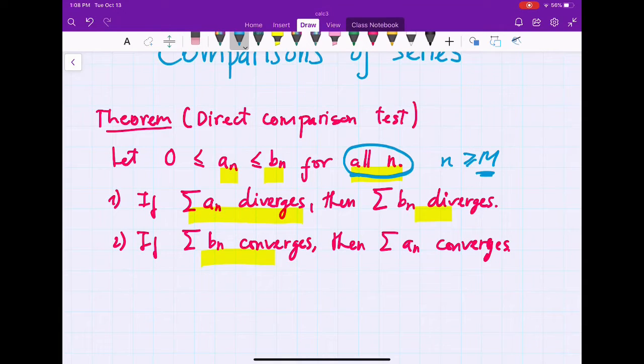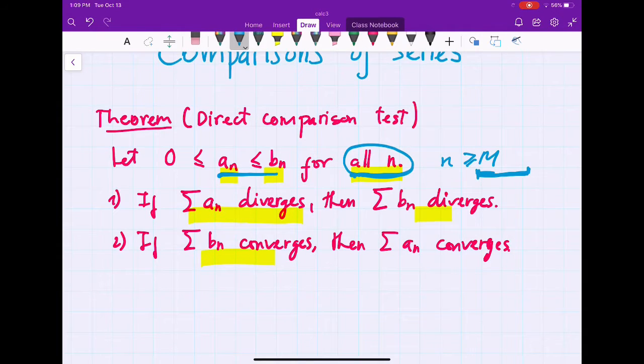Like in the previous video, if we are interested in convergence, we may cut a finite number of terms in each series. So this comparison still works. You might have this inequality only for n bigger than 1 million. This is also okay. Does that make sense?